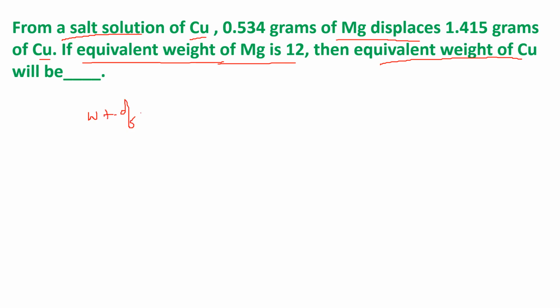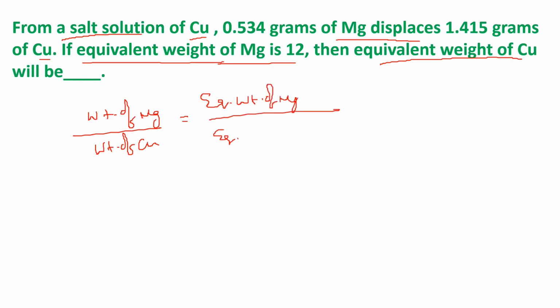Weight of magnesium divided by weight of copper is equal to equivalent weight of magnesium divided by equivalent weight of copper.